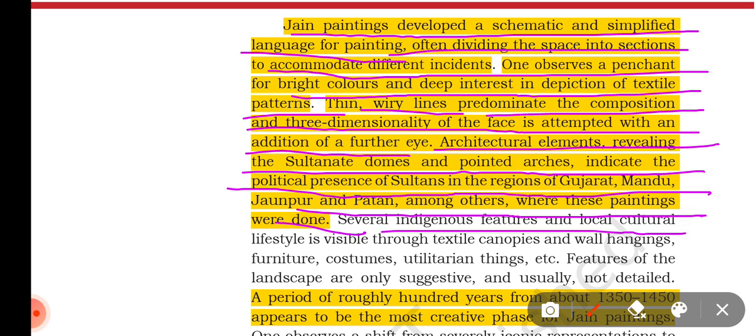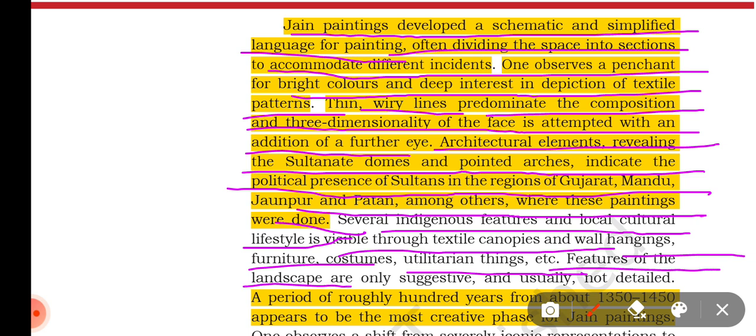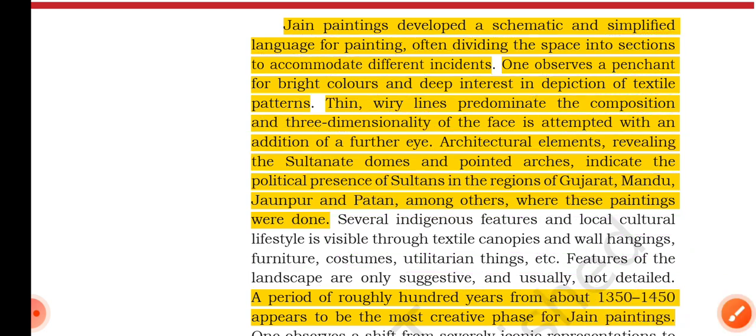Several indigenous features of cultural lifestyle are visible through textile canopies and wall hangings, furniture, costume, utilitarian things, etc. Features of the landscapes are only suggestive and usually not detailed.